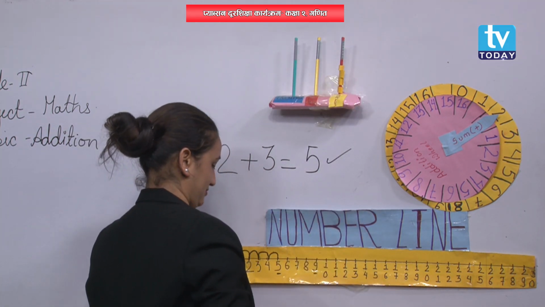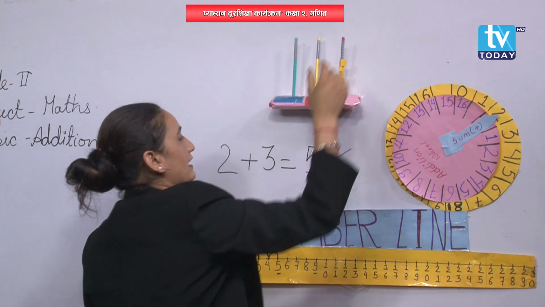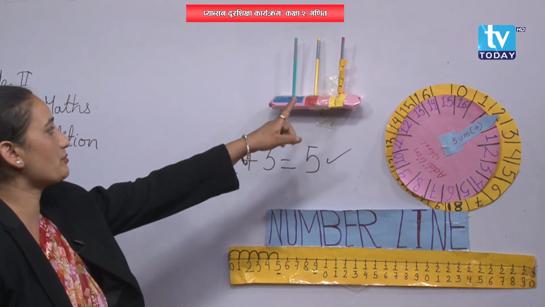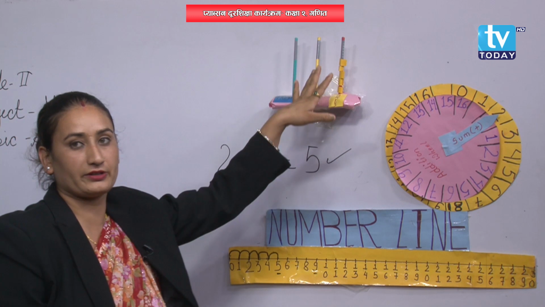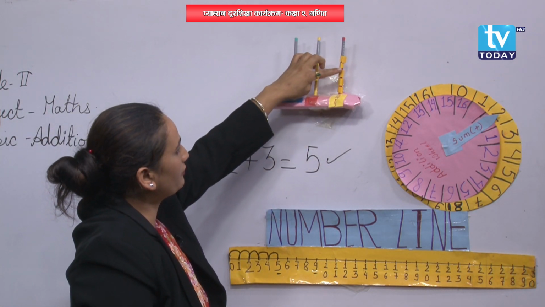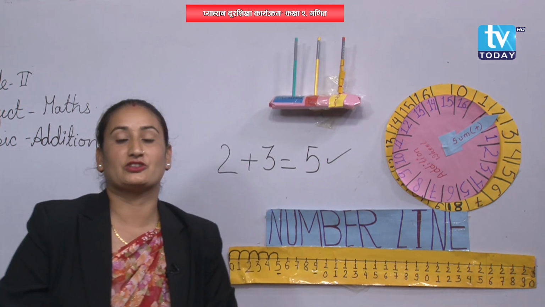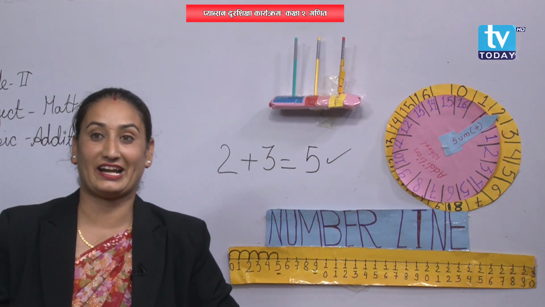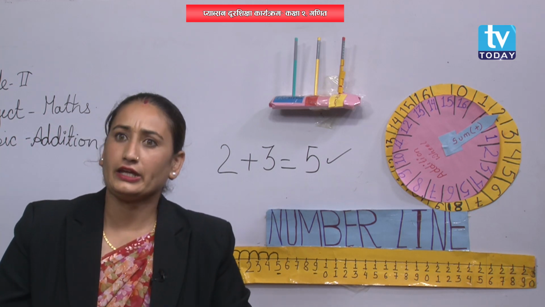Now count the numbers. How many blocks have I kept over here? Okay, now see here. 1, 2, 3, 4, 5. Total 5. Right? Good.